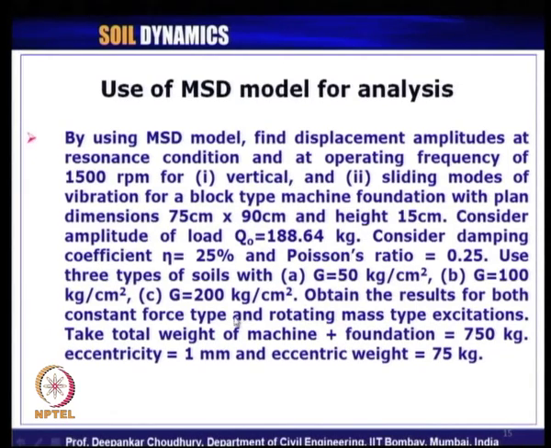Here we will use the expressions we derived earlier in module 2 on vibration theory. It is also given, take the total weight of machine plus foundation system as 750 kg, weight meaning kg force, and eccentricity is 1 millimeter and eccentric weight is 75 kg. These two are of course required only for the rotating mass type excitation case. For constant force type it is not required, as we already know.